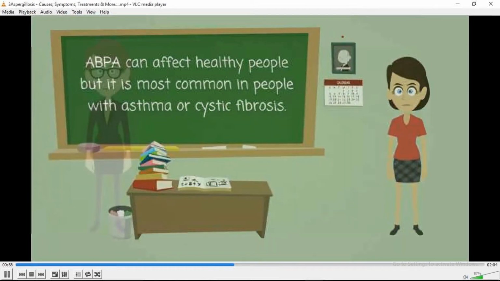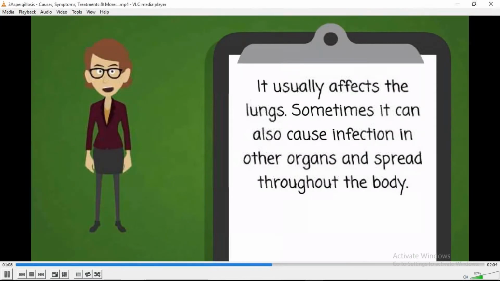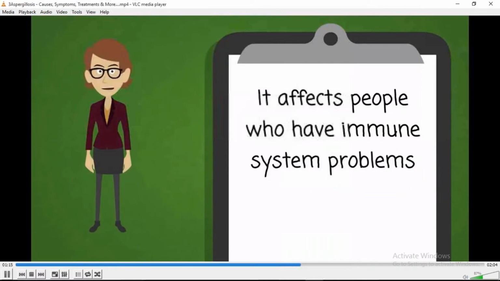Another kind is invasive aspergillosis, which damages tissues in the body. It usually affects the lungs. Sometimes it can also cause infection in other organs and spread throughout the body. It affects people who have immune system problems, such as people who had a transplant, are taking high doses of steroids, or getting chemotherapy for some cancers.